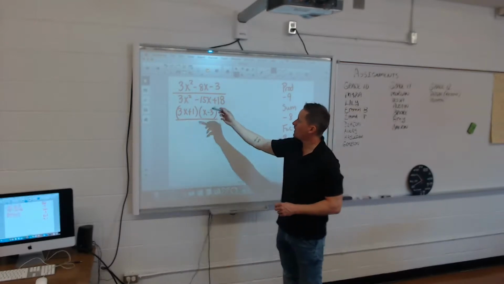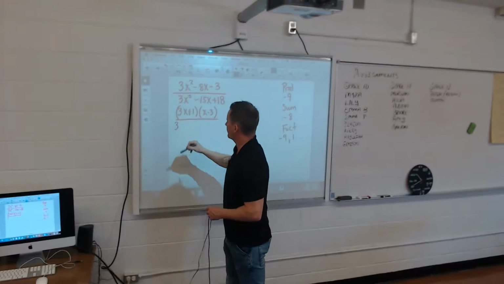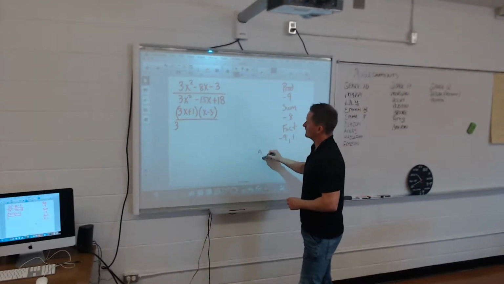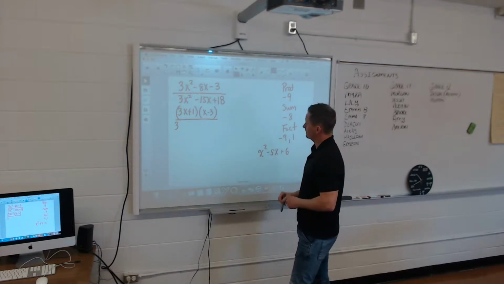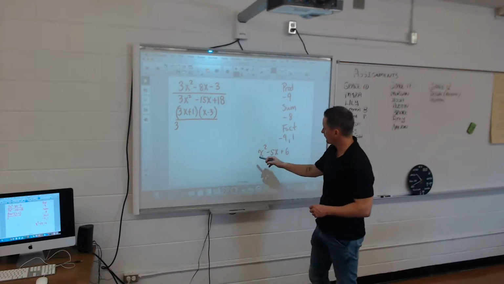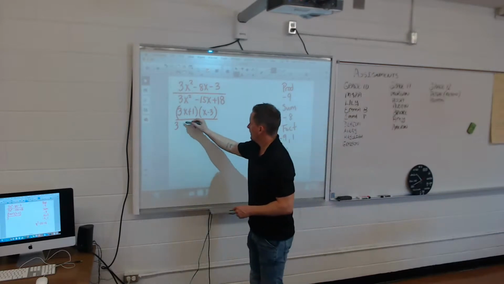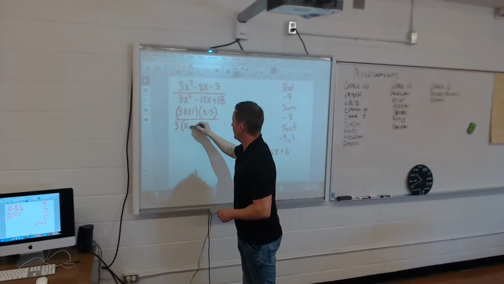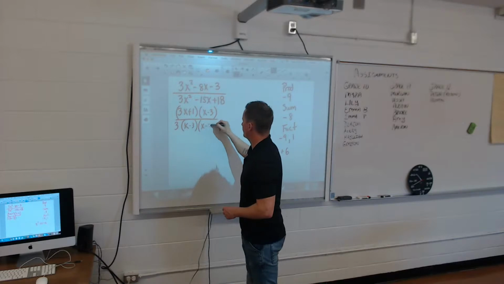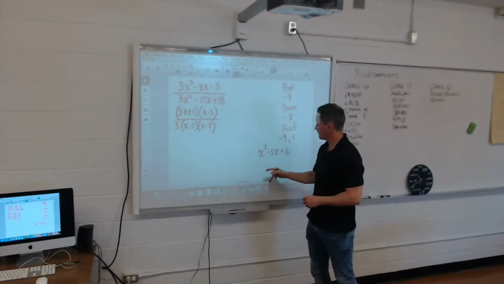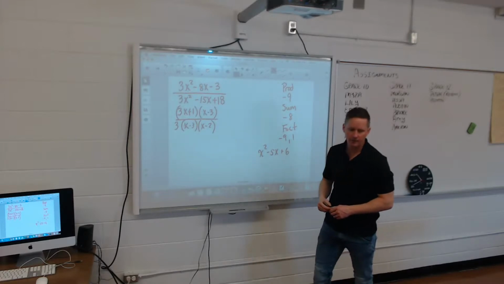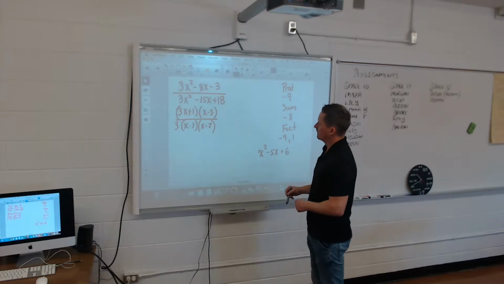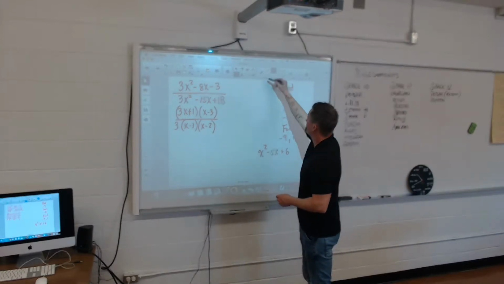And then the bottom part, I'm going to take out a 3. That's going to leave me x squared minus 5x plus 6, right, if I factor the 3 out first. And then I'm going to get x minus 3, x minus 2. The factors of plus 6 are minus 3 and minus 2 that add to give me a negative 5, right? Okay, so far so good?